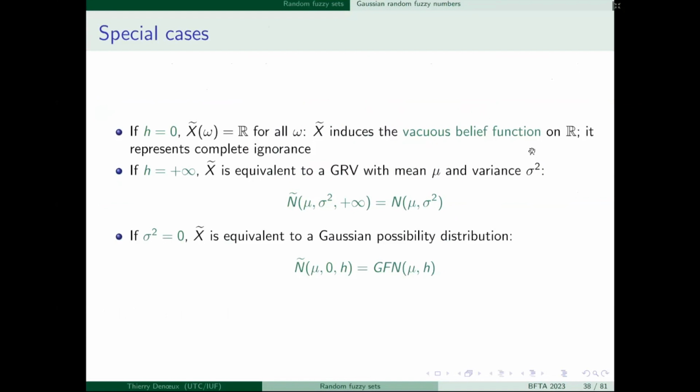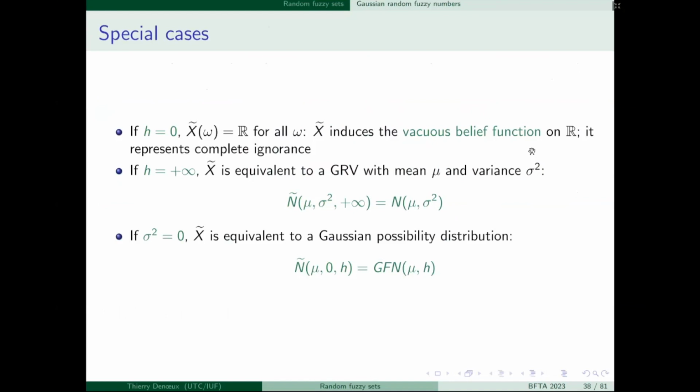So in that case, the parameters mu and sigma squared don't matter anymore. Whatever mu and sigma squared, we get the vacuous random set. It induces a vacuous belief function, so it corresponds to complete ignorance if H is 0.